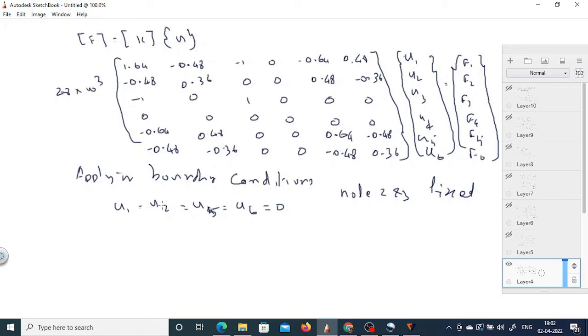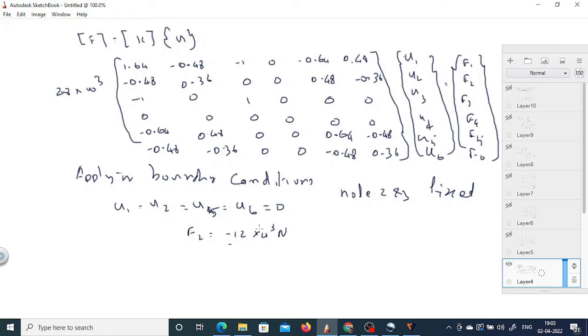So the point load acted on the first node, F2 is equal to minus 12 into 10 cube Newton.